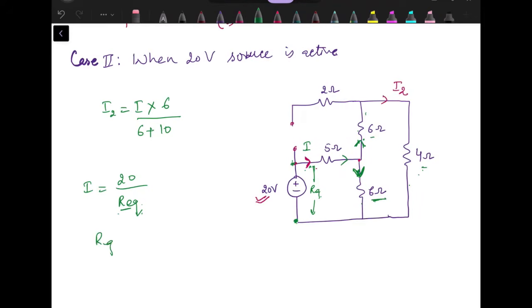So our equivalent will be 6 plus 4, in parallel with the 10 ohm resistance, and then this is in series with 5 ohm.